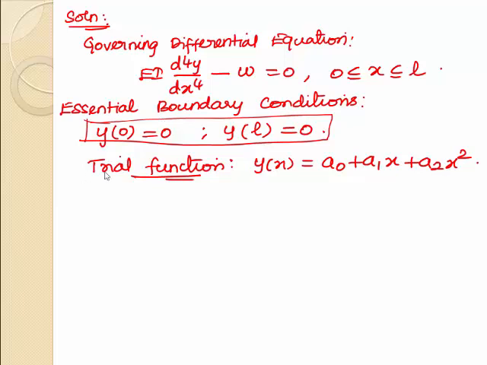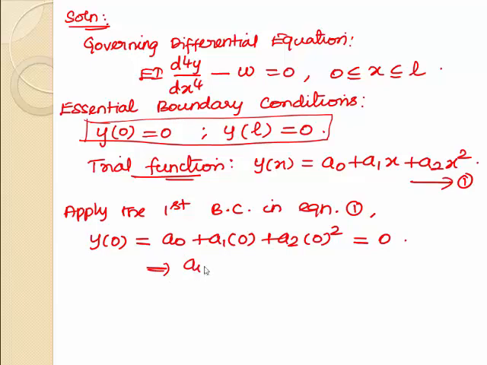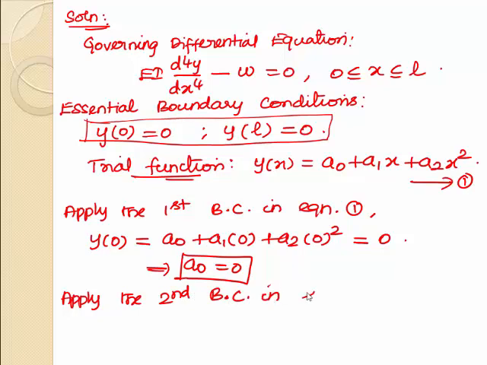Okay, so now we can apply the first boundary condition in equation 1. At x is equal to 0, y is equal to 0. So y of 0 is equal to a0 plus a1 into 0 plus a2 into 0 square is equal to 0. So a0 is equal to 0. Then apply the second boundary condition in equation 1.